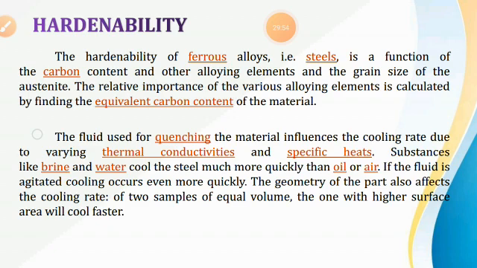Substances like brine and water cool the steel much more quickly than oil or air. If the fluid is agitated, cooling occurs even more quickly. The geometry of the part also affects the cooling rate. Of two samples of equal volume, the one with the higher surface area will cool faster.